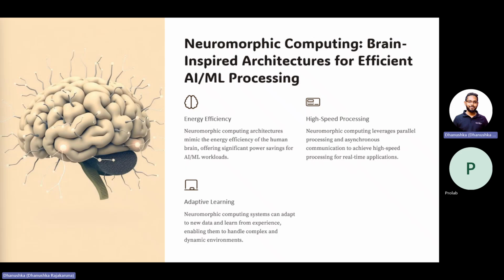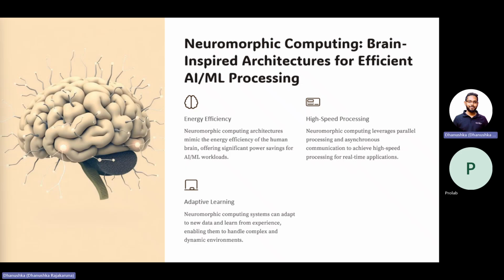So it will be the next future of neuromorphic computing. Brain-machine interfaces, autonomous systems, quantum neuromorphic systems.